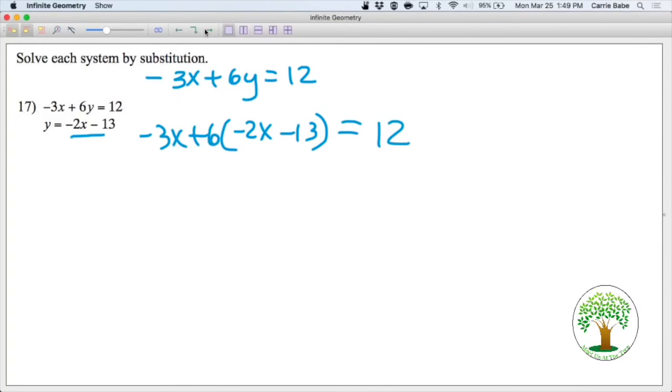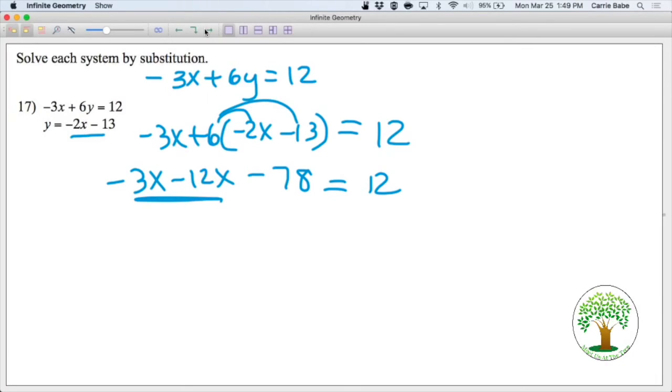Then I'm going to solve it like an equation that I've done in the past. I'm going to distribute the 6 to everything in that parentheses there. So I'll have negative 12x. What is 13 times 6? 78. Sorry, and it's a negative 78. Those come together to be negative 15x minus 78 equals 12.